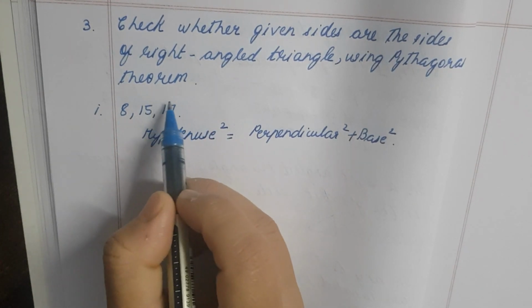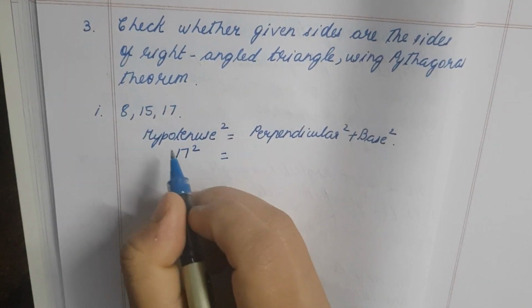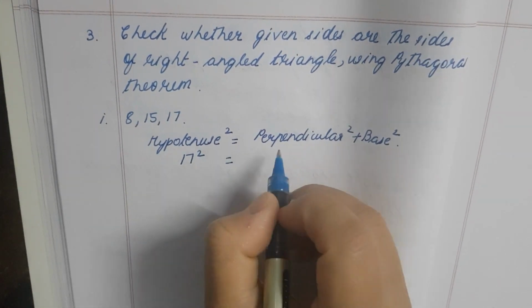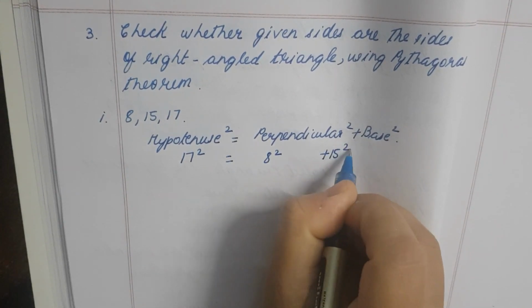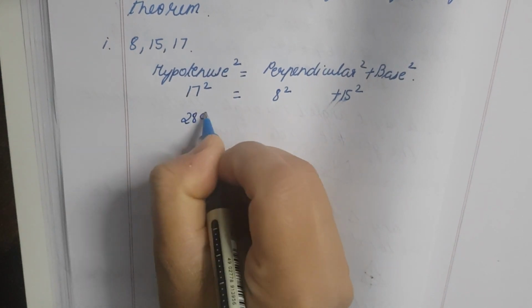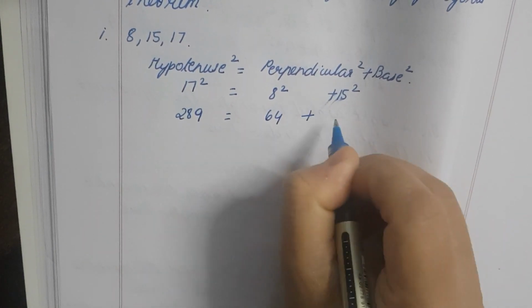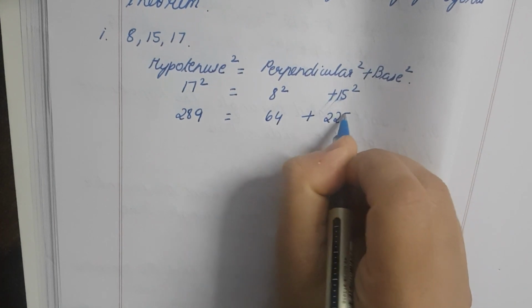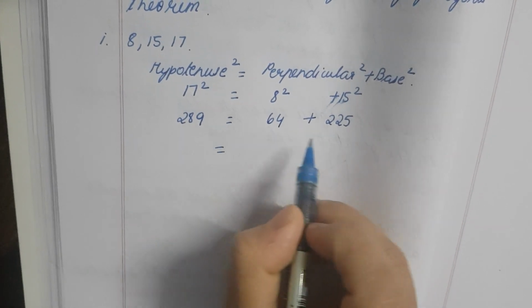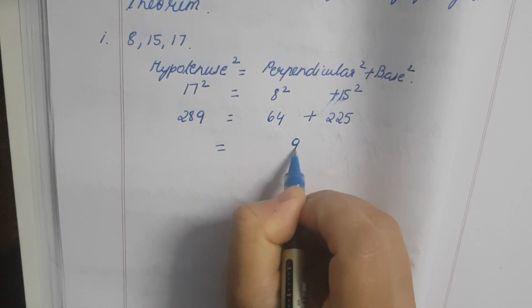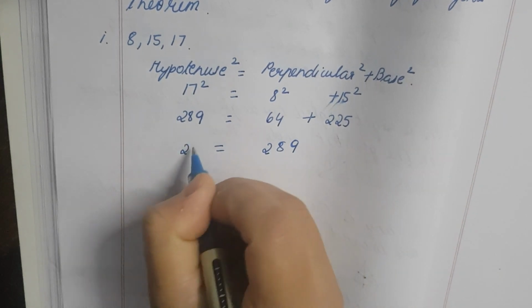The hypotenuse is the longest side in a triangle. So that is 17, which is equal to 8 square plus 15 square. 17 square is 289, 8 square is 64 and 15 square is 225. Now if we add these two, we should get the same 289. 4 plus 5 is 9, 6 plus 2 is 8, and 2. So it is equal.